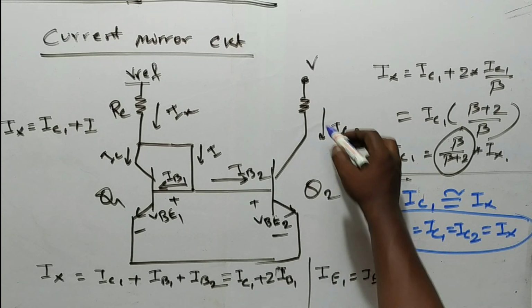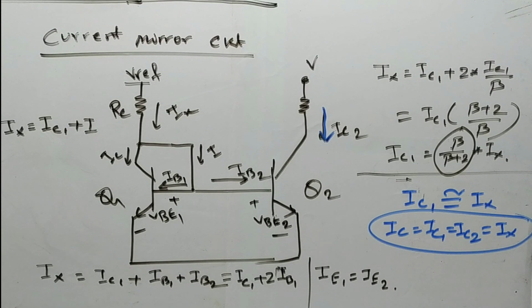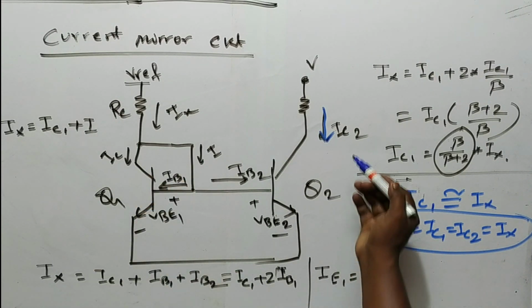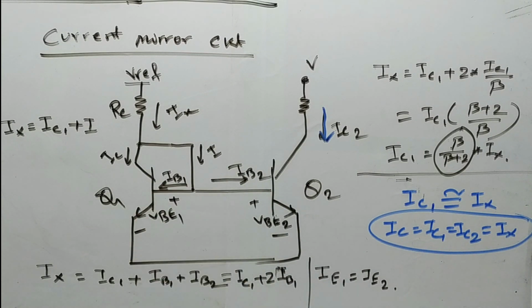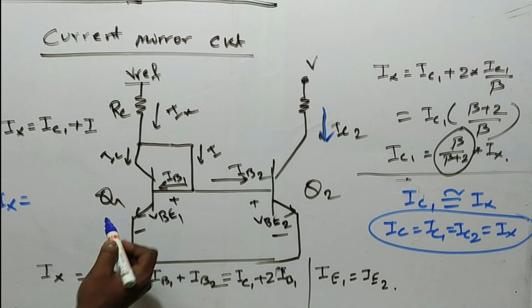That means the current IC2 here is equal to Ix. So if I know the value of Ix, then we can say that the value of IC2 is equal to Ix, and here Ix is equal to what?